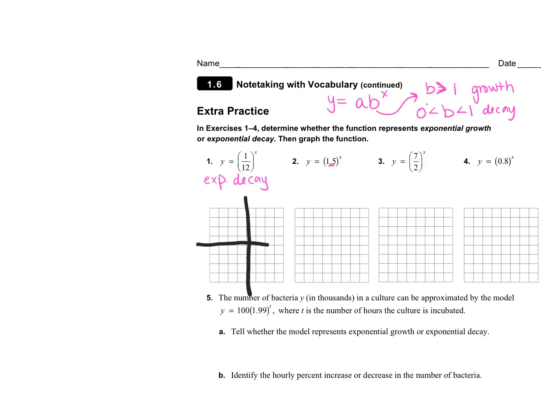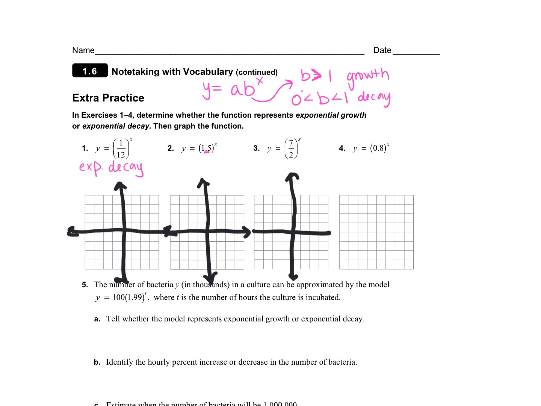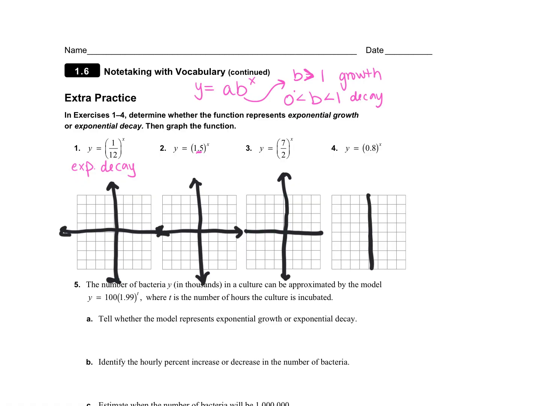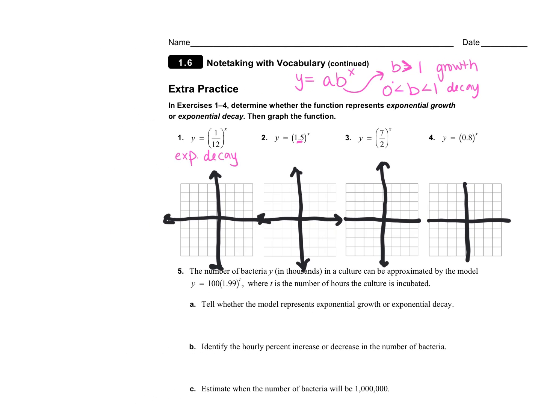A lot of these graphs aren't going to be very detailed because they're very tiny. I'm just drawing all my grids. Okay, so that's exponential decay.